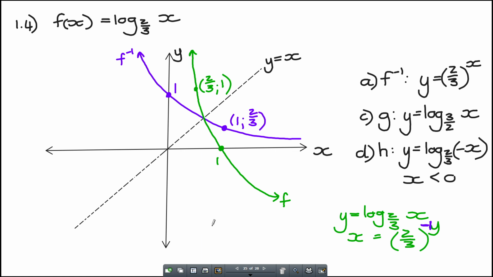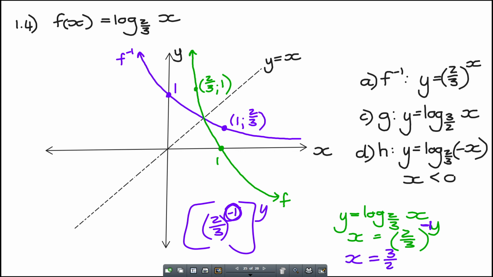So it's the same as having 2/3 to the power of negative 1, and after that, to the power of y. And because of that negative 1, the two are going to switch around. Is jy reg? So then it becomes x is equal to 3/2 to the power of y. Nee. And if I now go write it back to log, you'll see that 3/2. Is jy reg? Sien jy hoekom dit vir my makliker is? If I had to do that in log, dan ek hou nie daarvan nie. I pick my battles. So, any other questions?